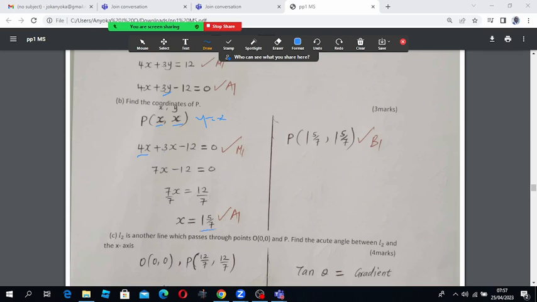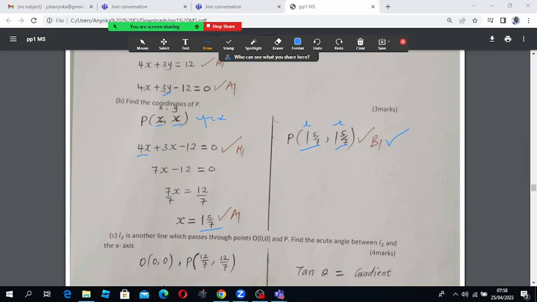Our value of x is 1 and 5 over 7. So P will have the coordinates (x, x), and x will be 1 and 5 over 7, 1 and 5 over 7. Those are the coordinates of P. Are we in agreement?